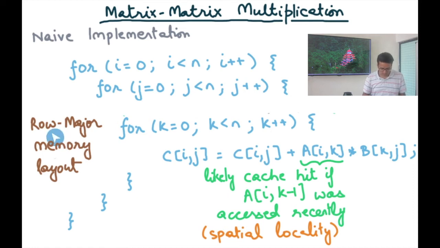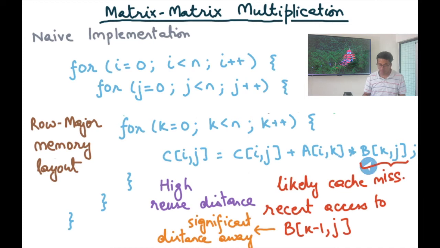Assume that the memory layout is row major, then A[i][k]'s accesses are likely to be cache hits, because A[i][k-1] would have been very likely accessed recently, and because A[i][k-1] was accessed recently, the whole cache line must have been present in the cache, or perhaps because of prefetching, and so there would be spatial locality, and so most of these accesses for A[i][k] would be cache hits.